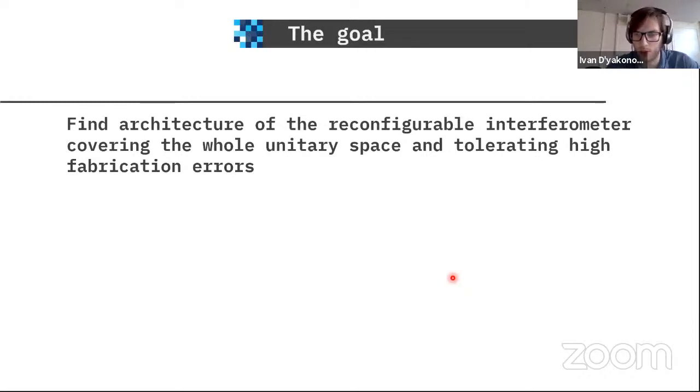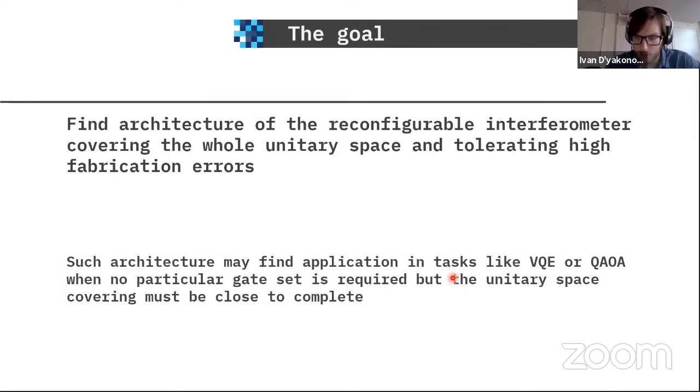So this is once again the topic we're discussing. The purpose of this research is mainly to tackle the near-term architecture of the optical quantum computer, which can implement tasks like variational quantum eigensolvers, for example, which actually don't require any particular set of gates to be implemented.